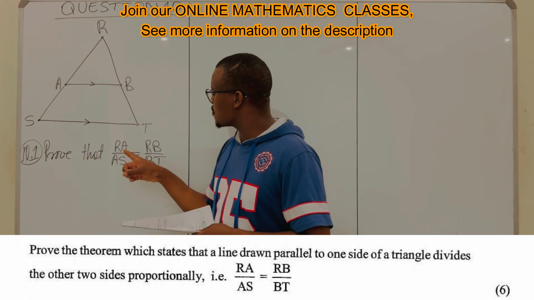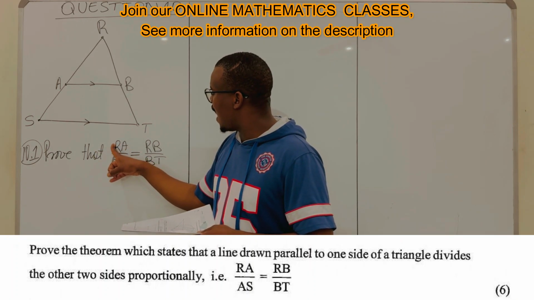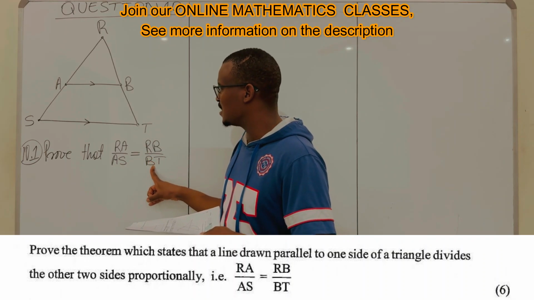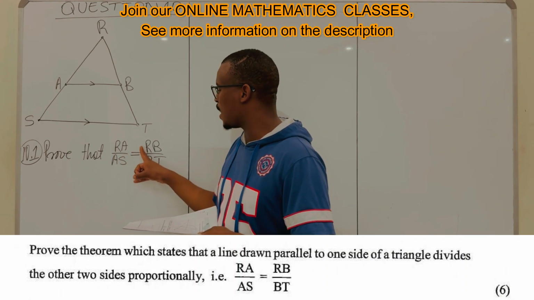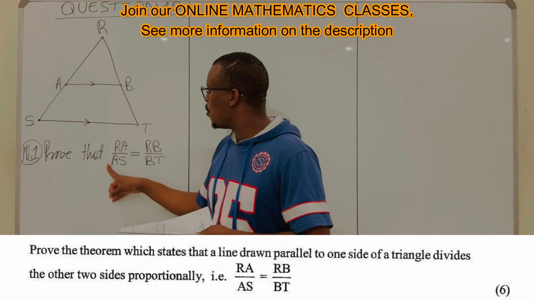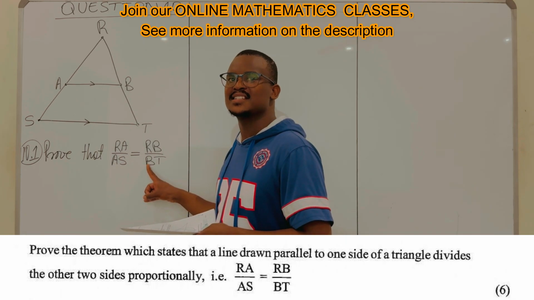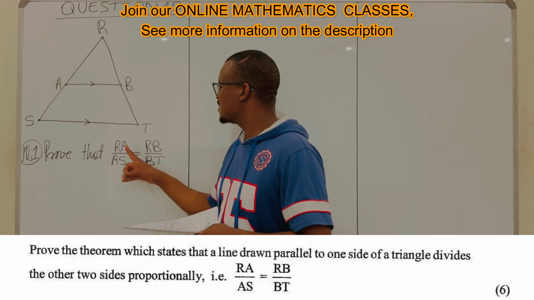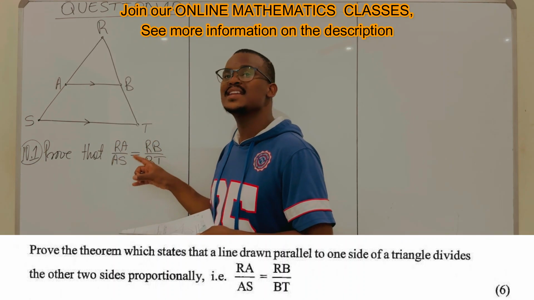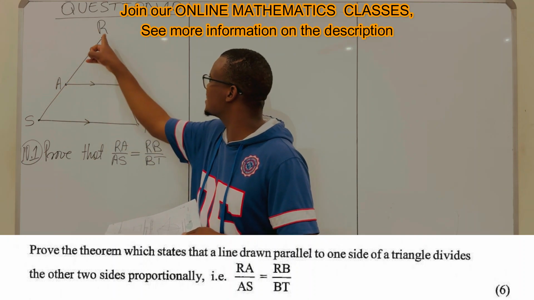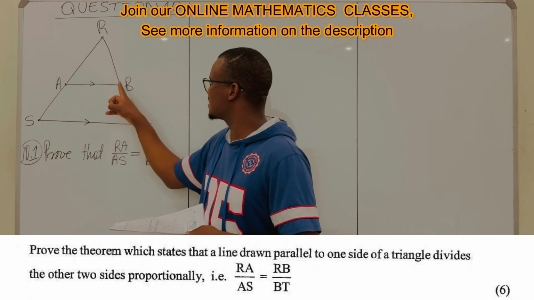So if you're saying your ratio of RA to AS is equal to that of RB to BT, it does not necessarily mean your RA is equal to RB and your AS is equal to BT. I explained this at question 3. So the numerators are not equal in general, which doesn't mean this length over here is the same as that length, and that length down there is the same as that.